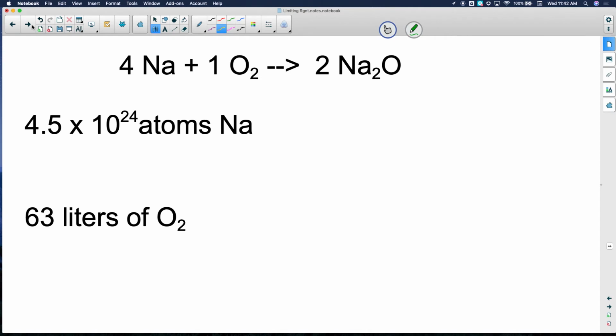When you divide, you subtract 10 to the 24th minus 10 to the 23rd. So you just move the decimal point over 1 place. So you get 7.47.